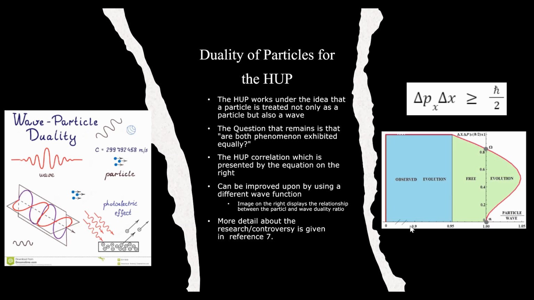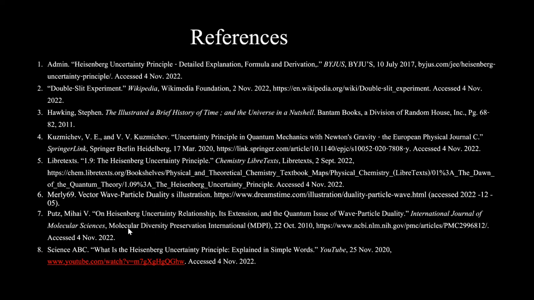More detail can be read about this research in reference 7, as shown on the next slide. Here are the references, and reference 7 tells you more about the Heisenberg uncertainty relationship and an extension.